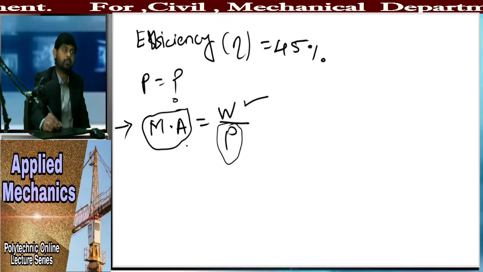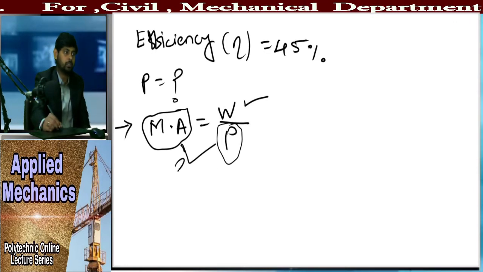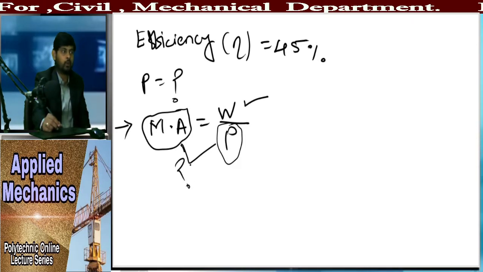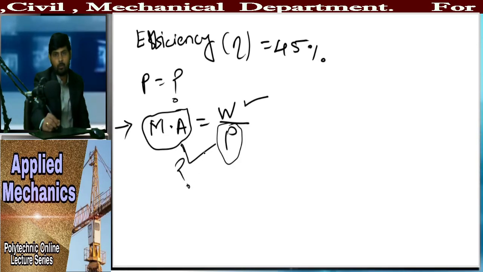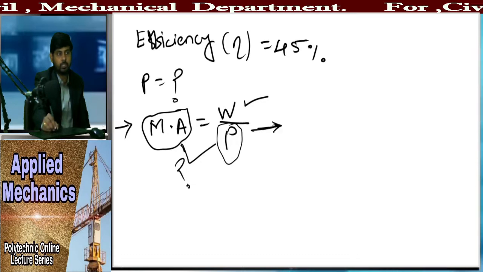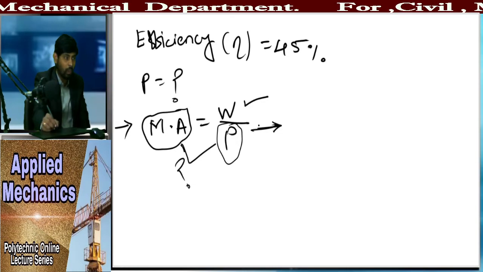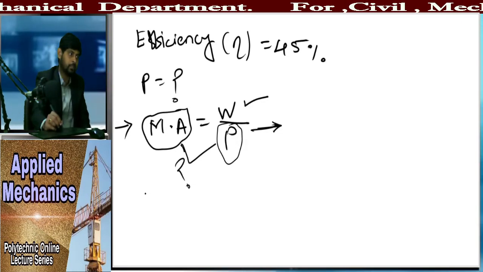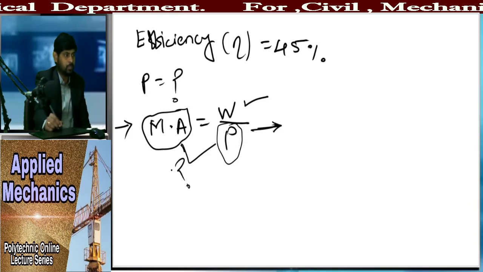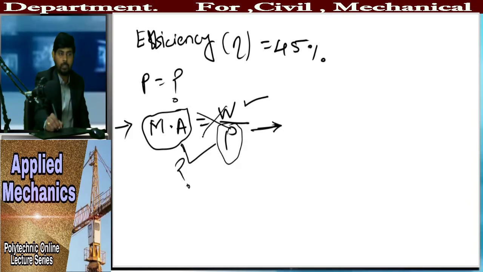So in this equation we have two unknown terms, so we cannot use this equation right now, but we can use it later. I will tell you how later. So this is not possible to find P.